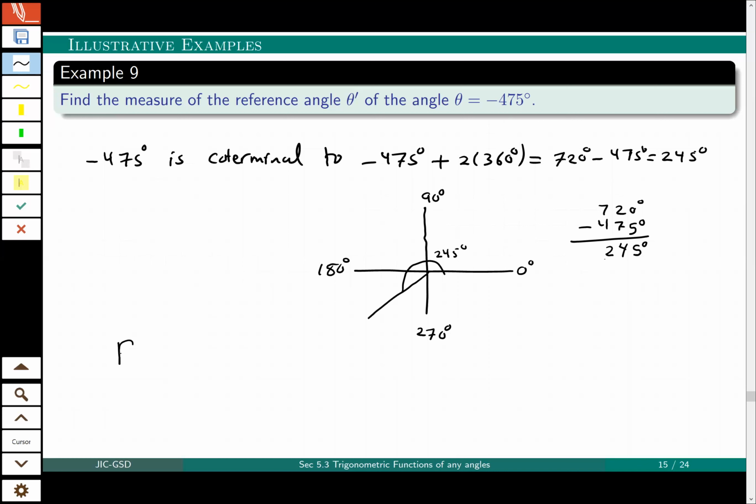So the reference angle is 245 minus 180. So 5 minus 0, it's 5. And 14 minus 8 is 6. So 65 is the reference angle.